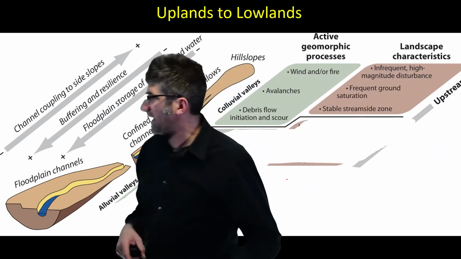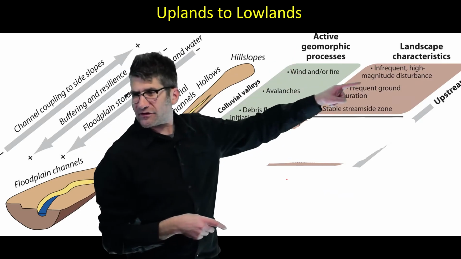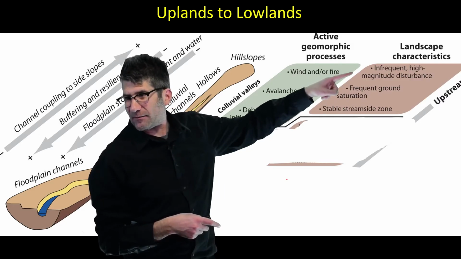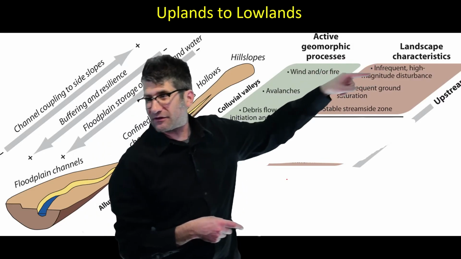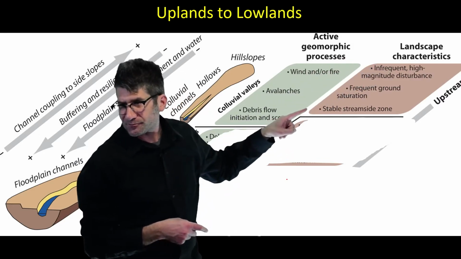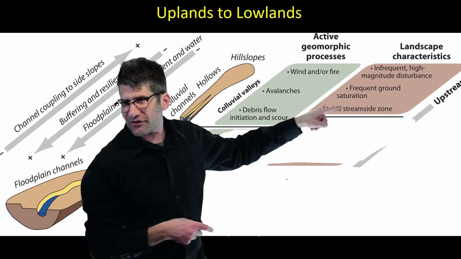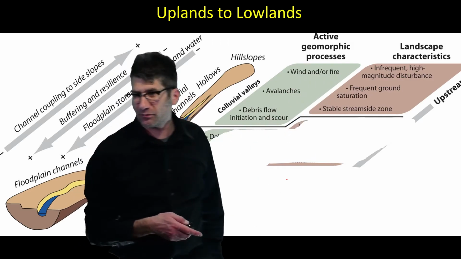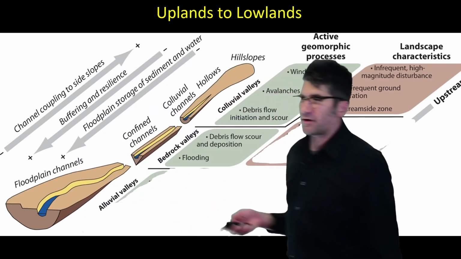And we're going to have frequently saturated ground as we have more rainfall up in the mountains. We'll have high magnitude disturbances like big landslides. And beside the streams, you will have more stable streams that are infrequently impacted by things like debris. That's going to be up in our uplands.